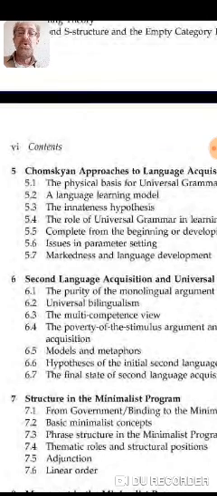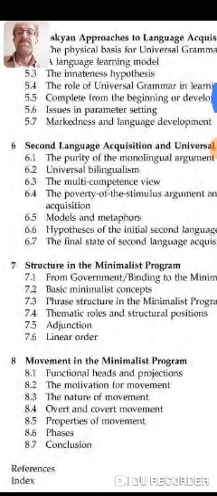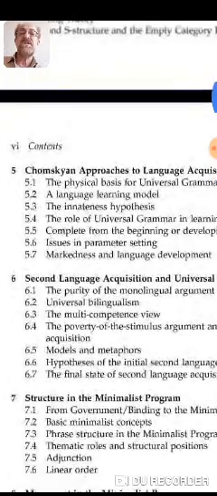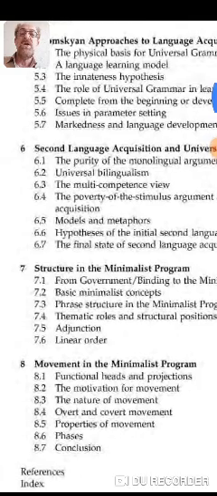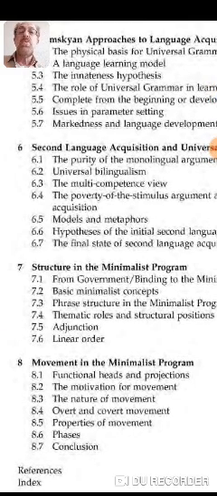But more important than chapter 5 is chapter 6, the second language. In this chapter, we look at the second language as related to universal grammar. Chapters 5 and 6 are related to universal grammar because we are going to understand the nature of English as a second language. So chapter 6 is so important for us.